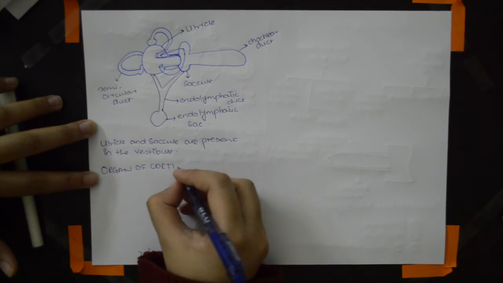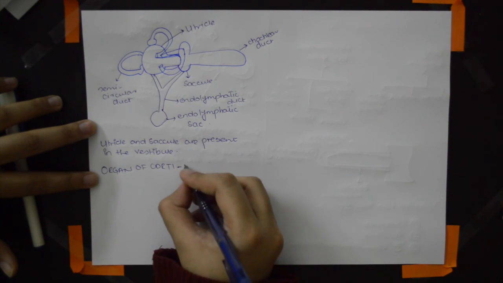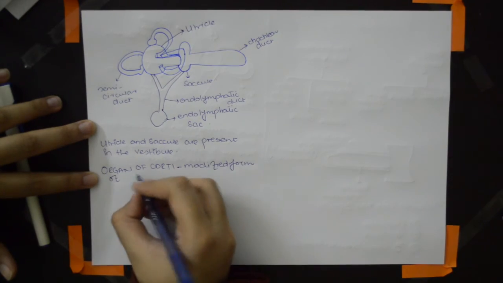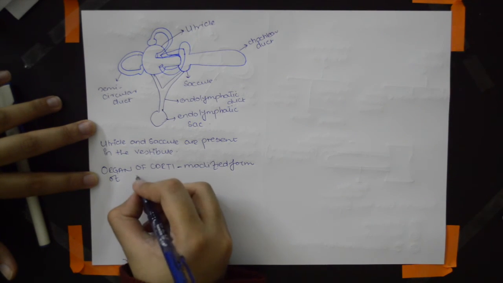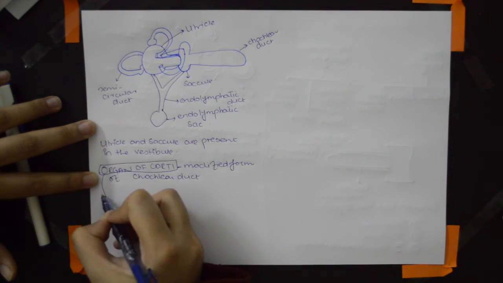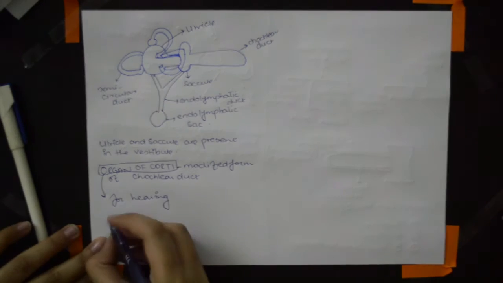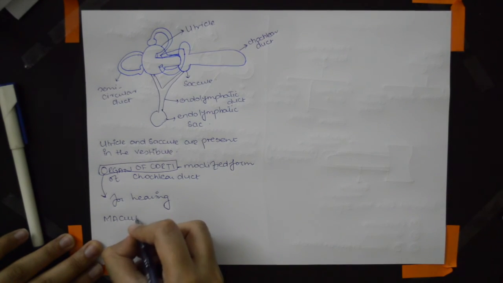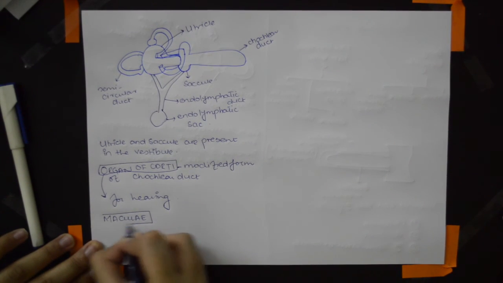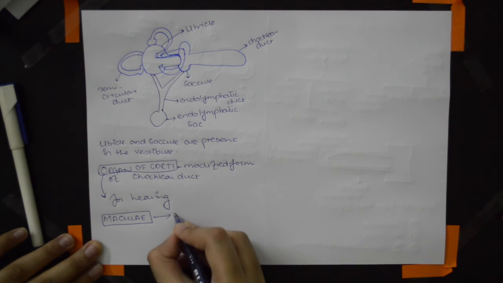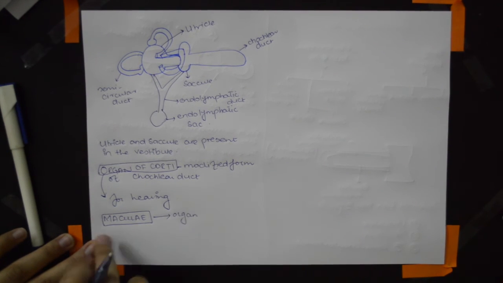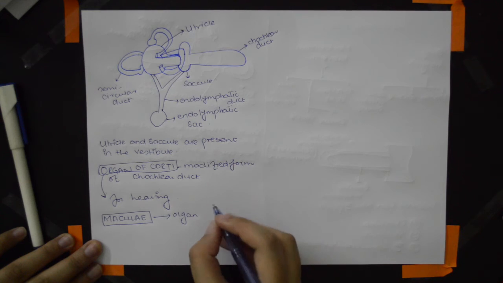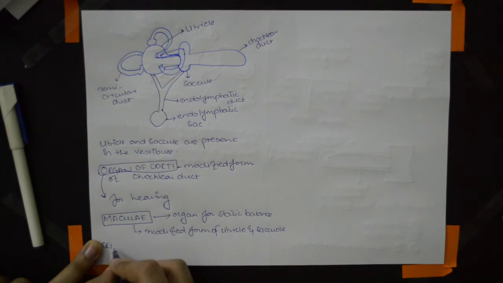The organ of Corti is the modified form of the cochlear duct. It's for hearing. Then there are the maculae. This is a sensory receptor and it is the organ for static balance.